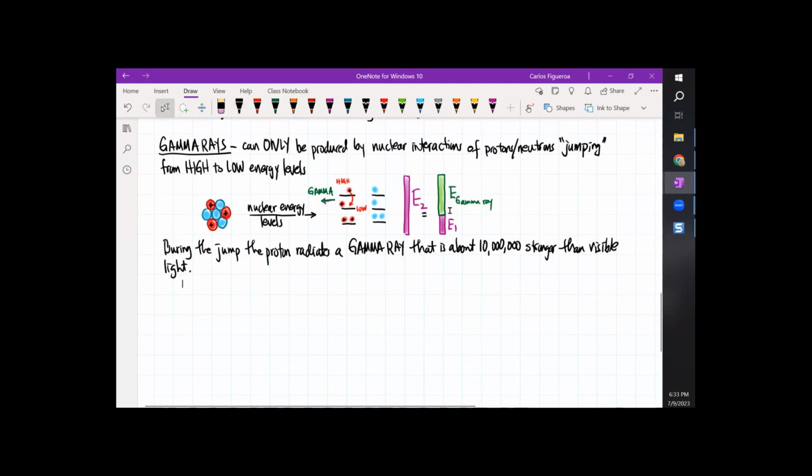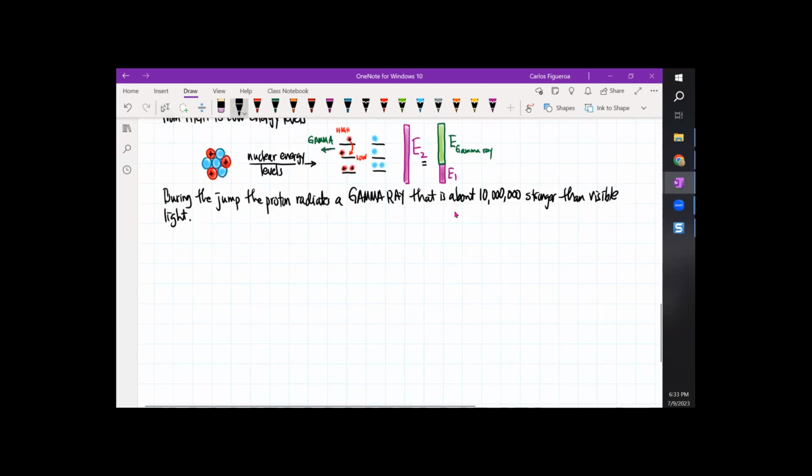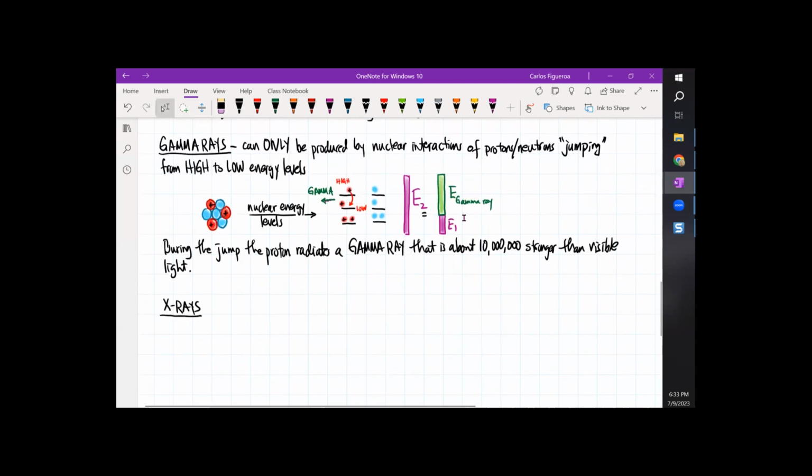Let's go to the next one. Remember, everything after X-rays is produced by electron changes. So now we have X-rays. What do I know about X-rays?